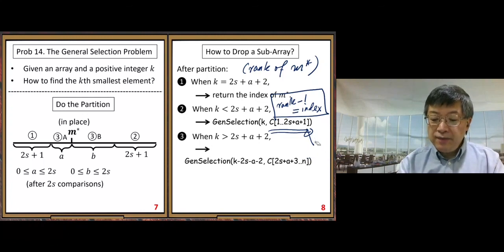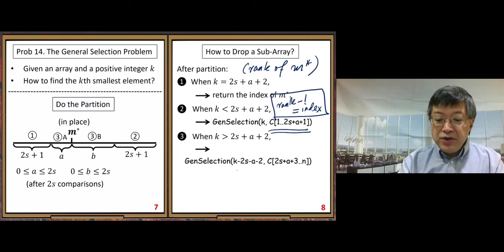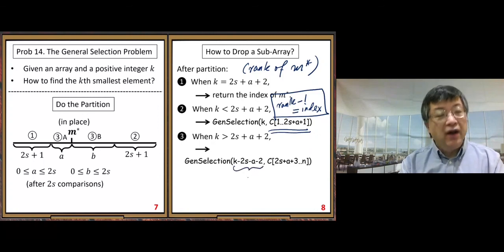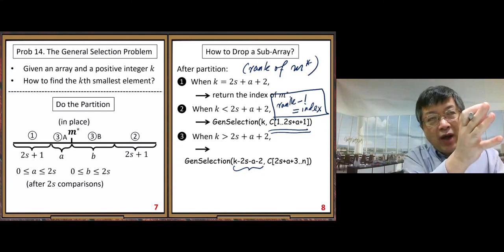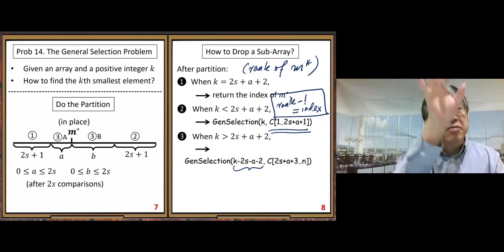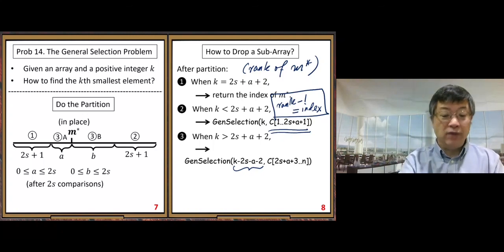But this time, when you do that, you need to modify the rank number. We drop the left subarray, including M star. We also drop M star because it's not case 1. So M star can be dropped.